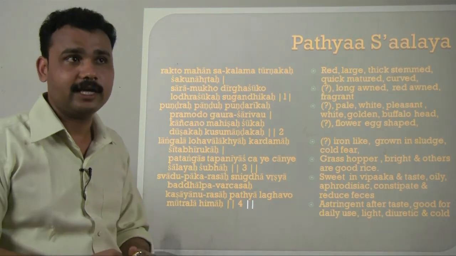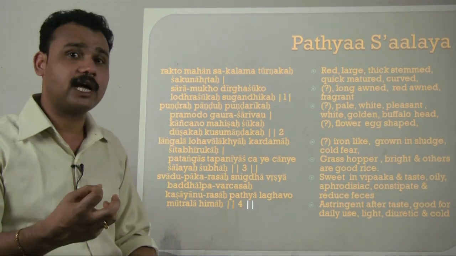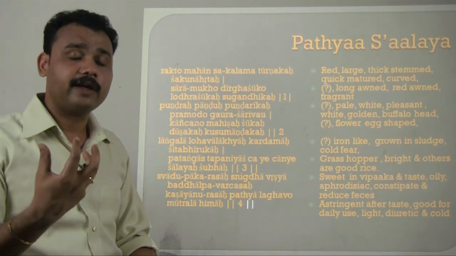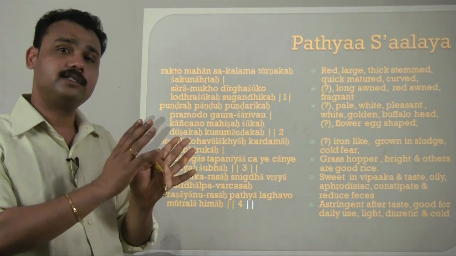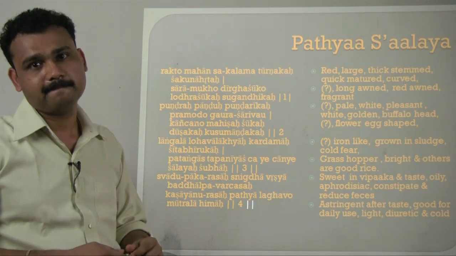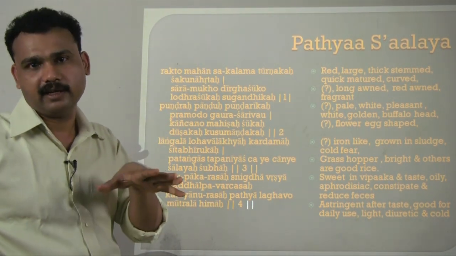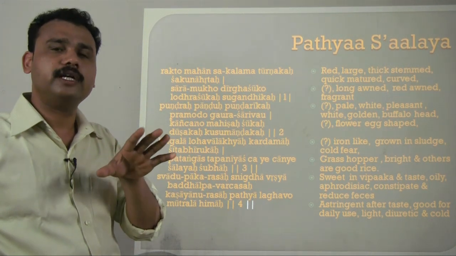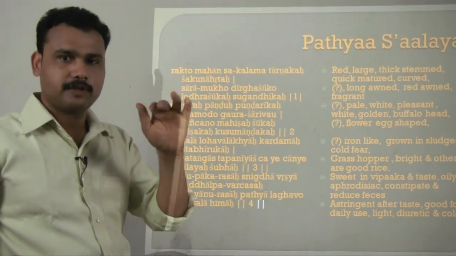You understand, when we move from one chapter to another chapter of Ashtanga Hridaya or any Ayurvedic classic, you will feel like you are moving from one science to another science. When we study Annaswarupa Vijnaniya in detail, you will feel like you are almost studying agriculture. He speaks so much.